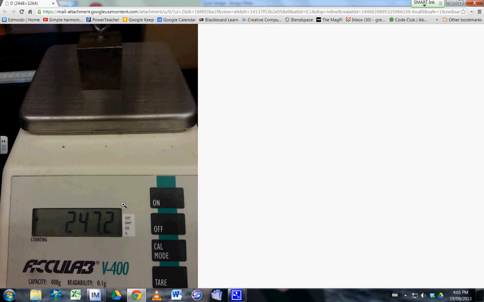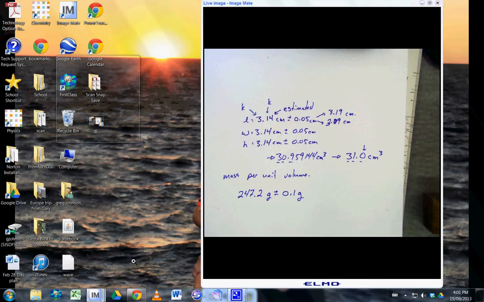So my mass comes out to 247.2 grams, and on a digital unit, it's just plus or minus the last readable digit, so plus or minus 0.1 grams. Okay, so this is 247.2 plus or minus 0.1 grams. Okay, just keep that in mind that digital is a little bit different.